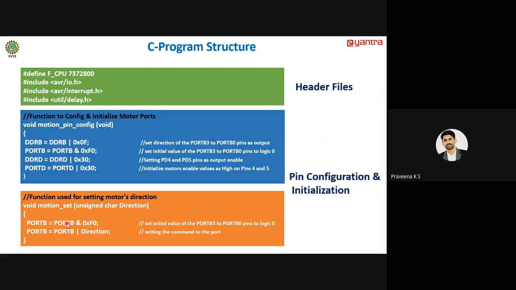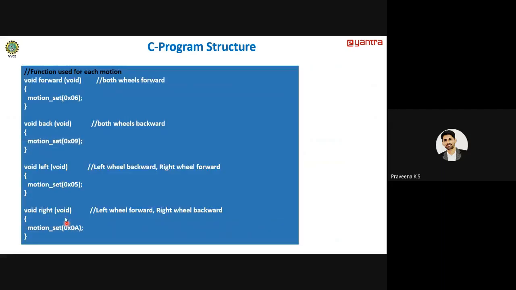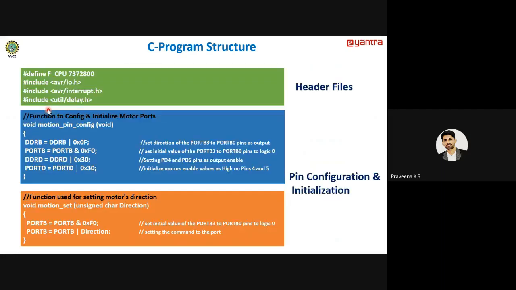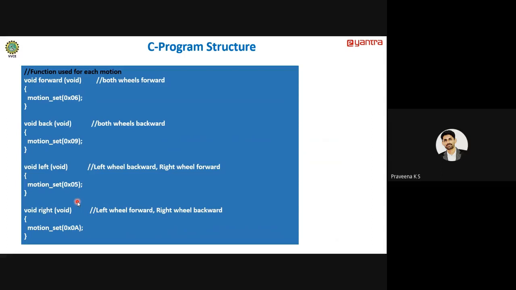Okay. So pin configuration is initialized. And the next is, because I've written the motion set function, for each direction I'll write a different function. See, void forward of void, because it returns nothing to the main function. So it is void. In between, motion set is a function, right?